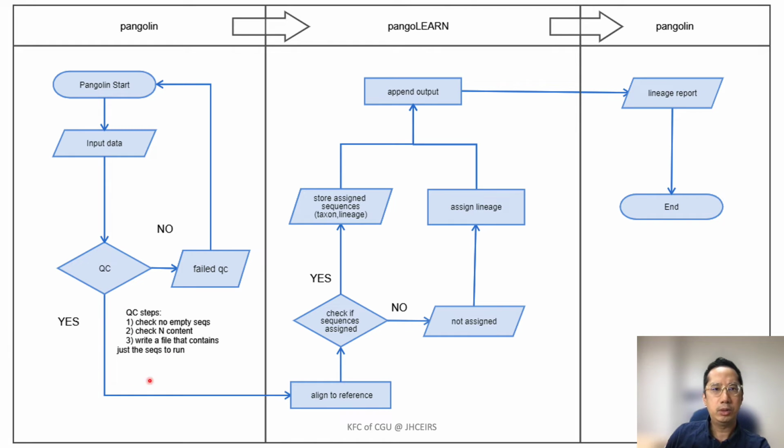After the QC procedure, we align to the reference. Then we check if the sequences are correctly aligned, and store the aligned sequences into the output. Then we report back to the PangoLEARN system and finish all the procedures.